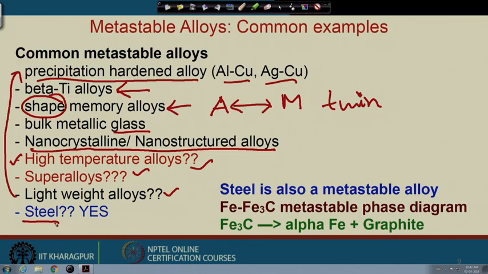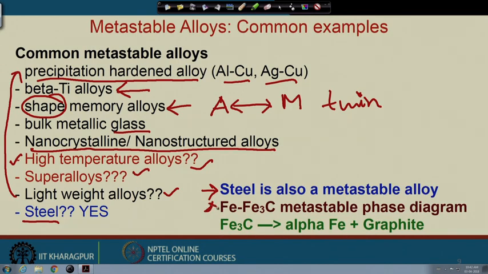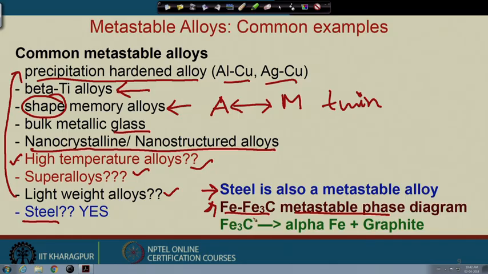Now, what about steel? Yes, steel is also a metastable alloy. In case of steel, we all know that the iron carbide diagram is a metastable phase diagram, because there we have iron carbide, and if you increase the temperature and anneal this sample, then alpha iron and graphite will evolve.